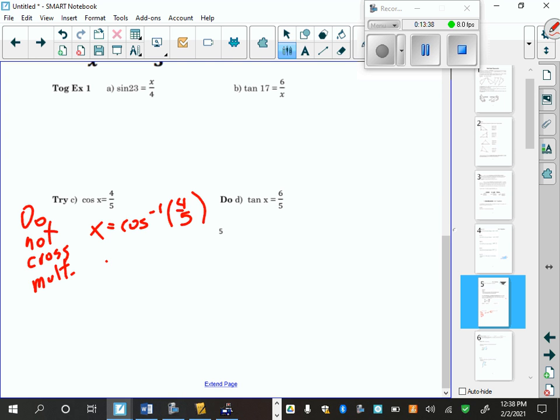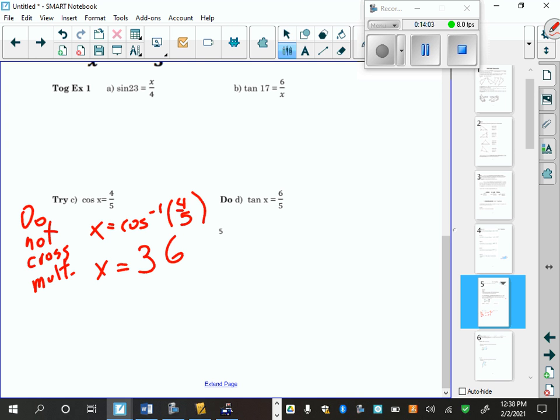Okay, so go ahead and punch that in your calculator. Even though we haven't done any cos, I'm sure you can do inverse cos 4 divided by 5 for me. And what'd you get? 36. So that's an angle, nearest whole number, and we get 36? Or 37?